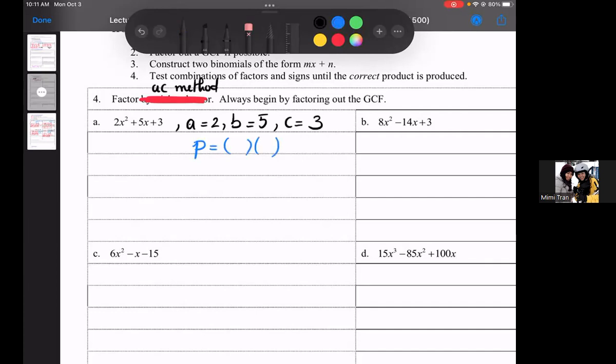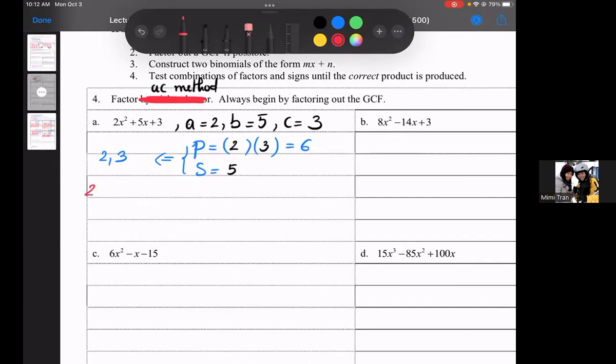So A times C, A is 2, C is 3, so 6, and the sum is the B, which is 5. What are the two numbers? Yeah, it's easy, it's small. 2 and 3, right? So I'm going to split that 5x: 2x squared plus 2x plus 3x plus 3.